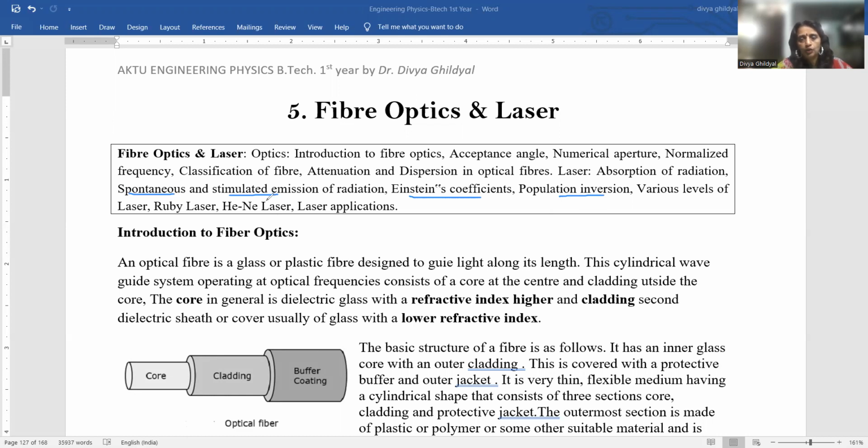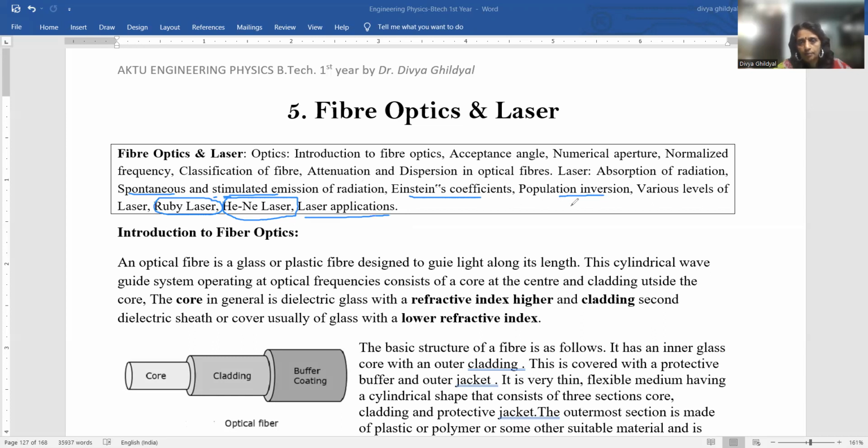Let me tell you, for your question paper, if 1 year they have asked you a question on ruby laser in section C, then other year be ready for a question for helium neon laser. If helium neon laser has been asked, then ruby laser will be asked, and a brief applications of the laser system, why helium neon laser is preferred over ruby laser, define the terms spontaneous and stimulated emission of radiation.